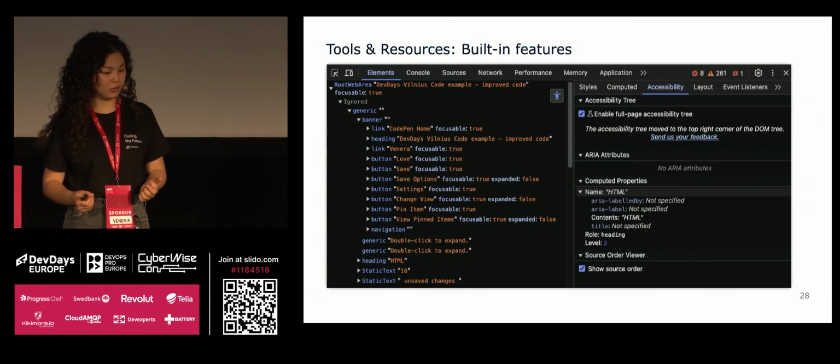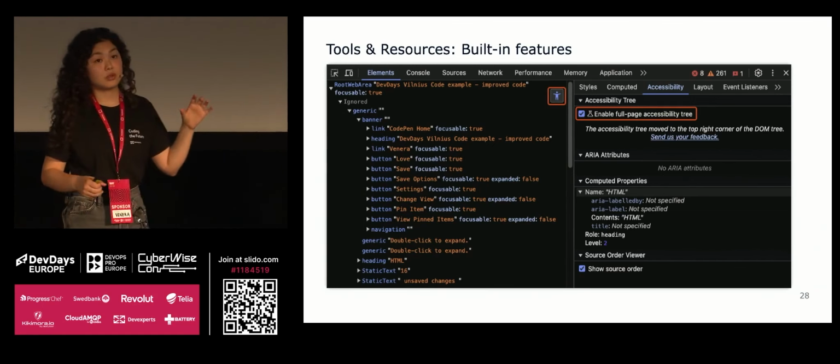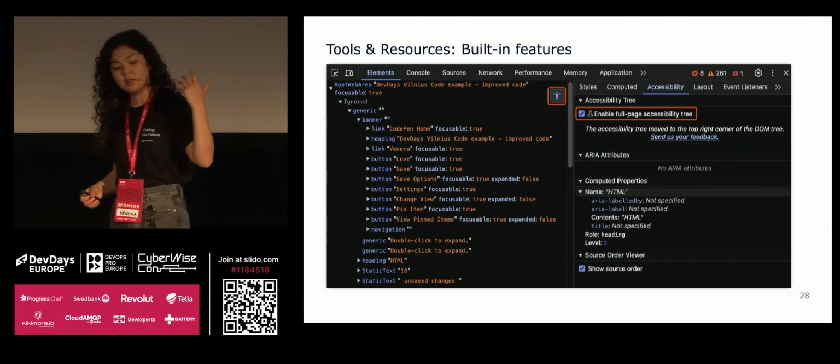You can also see the accessibility tree for your entire web page. You can do that by just enabling the enable full-page accessibility tree checkbox and then clicking on that tiny man icon, and it will transform your elements into the accessibility tree.